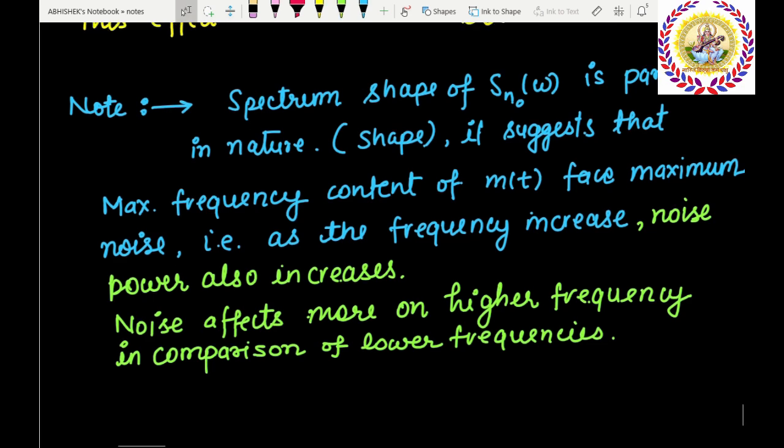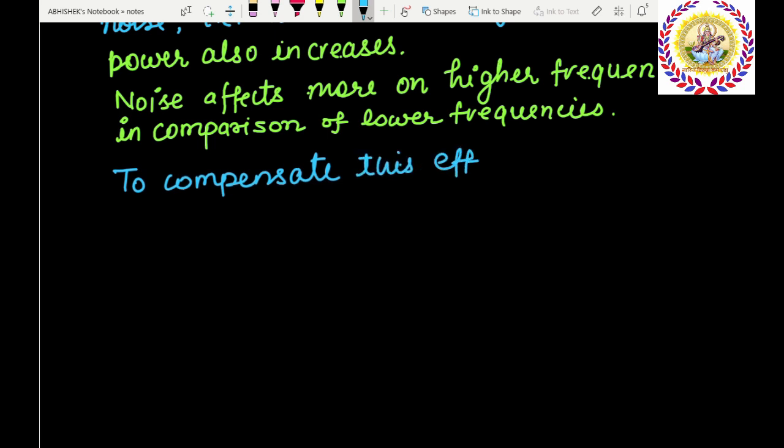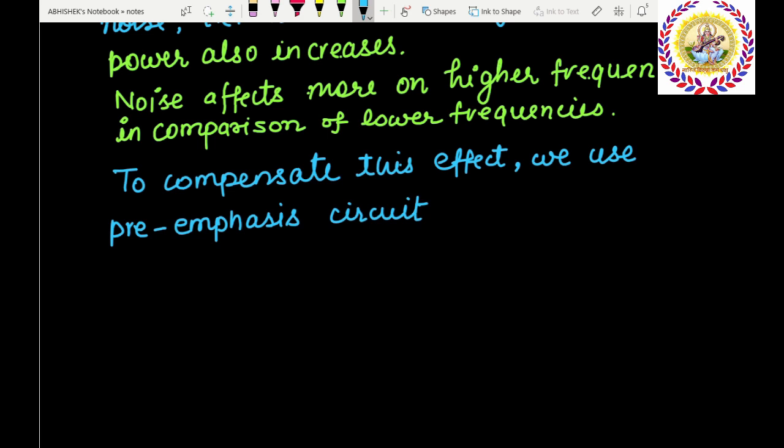So to compensate for this effect, we use a preemphasis circuit at the transmitting end, before modulation.